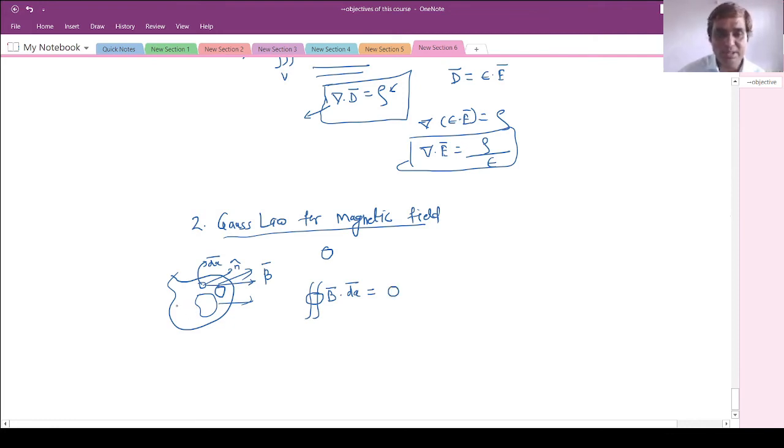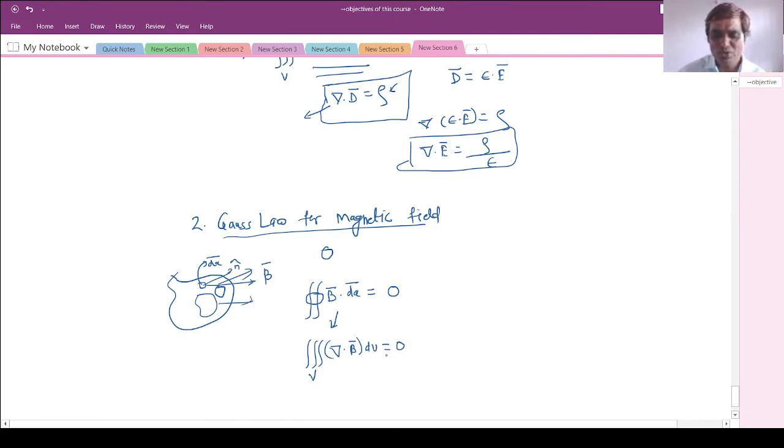Then apply the divergence theorem to convert this surface integral into a volume integral. So it will give me the divergence of this B bar over a small volume, and that will be equal to 0.